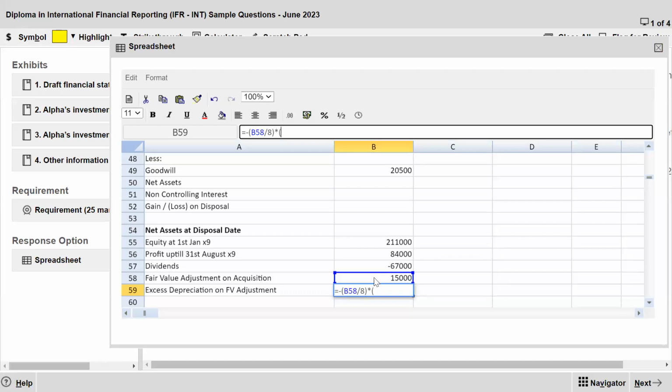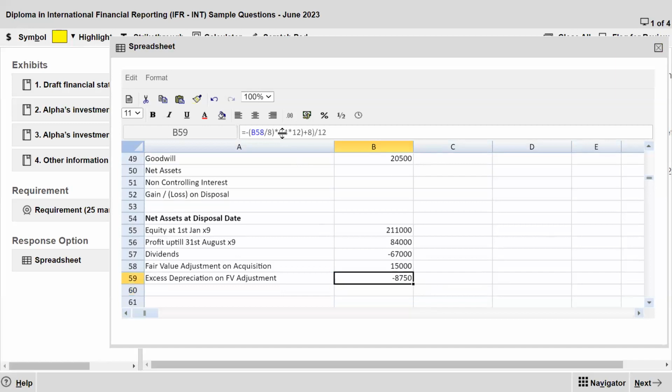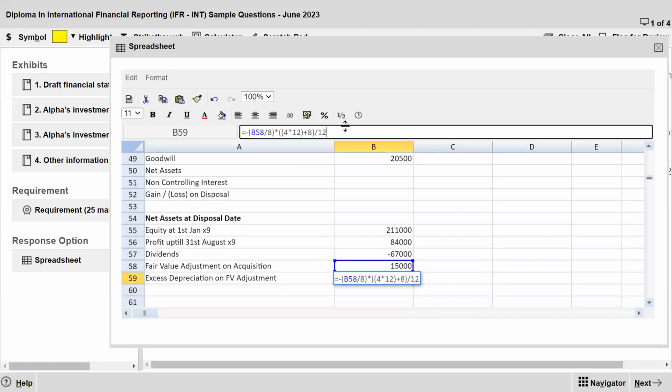So 4 years plus 8 more months, divided by 12. So 8,750 is going to be the excess depreciation on the building, on the depreciable component.